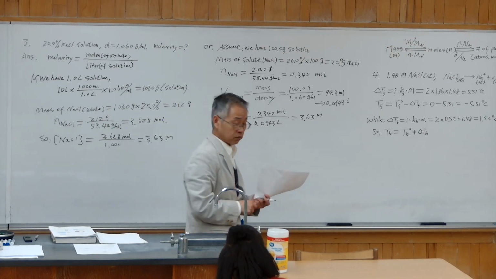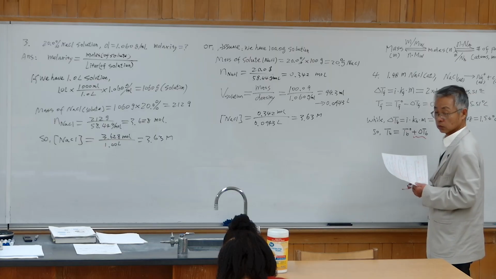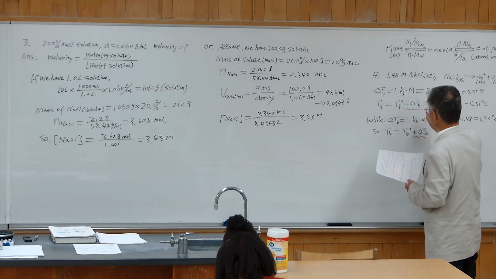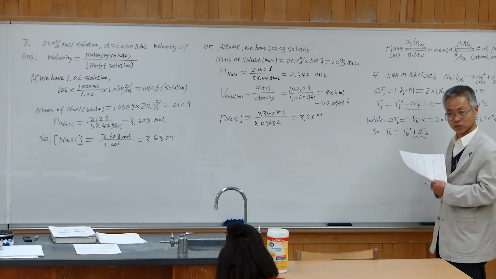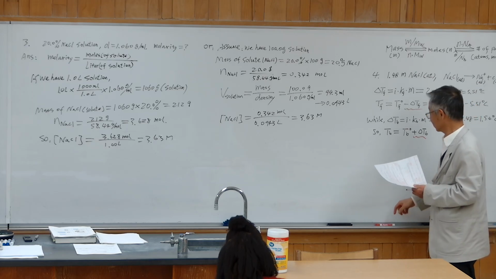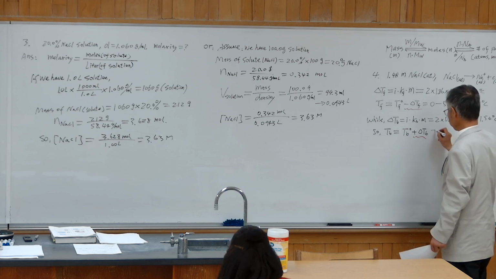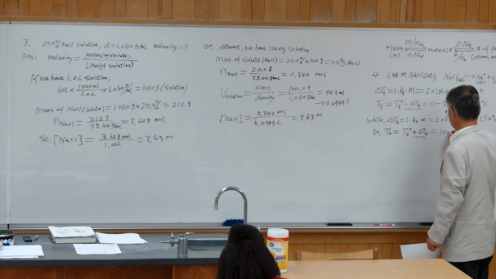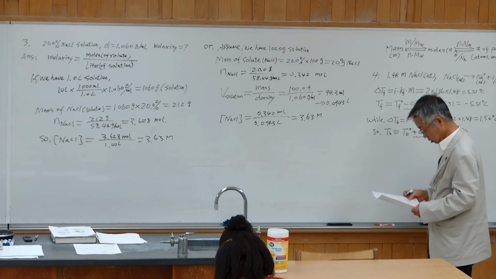Boiling point is elevated, higher than pure water, and freezing point is depressed, lower than pure water's freezing point. So that's why here boiling point is plus delta Tb. And the boiling point of water is 100. Delta Tb is 1.54. So the boiling point of the solution will be 101.54 degrees Celsius.